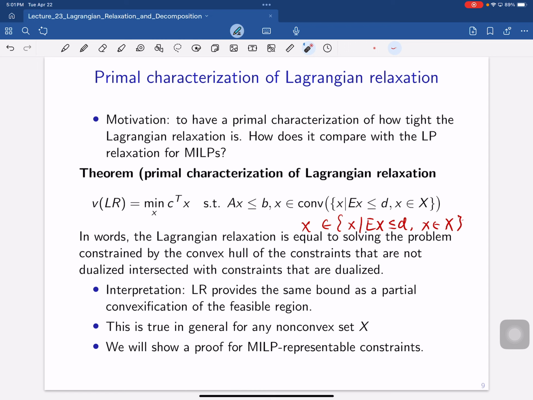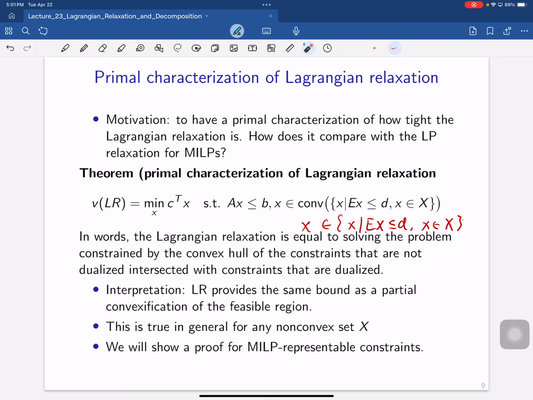Well, we don't have integrality constraints, so we can get fractional solutions. Yeah. So the way you can see that is if you want to get the value of the original problem, you should take the convex hull of all the constraints.